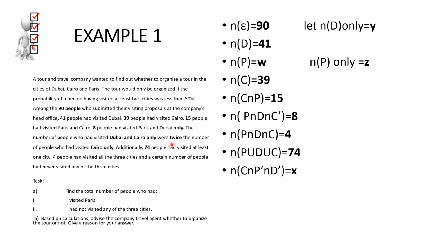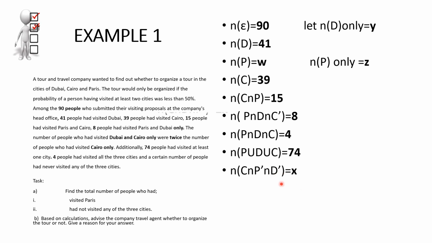Then also this statement that I've told you that whoever would fail this number, the issues would come from this statement. That the number of people who had visited Dubai and Cairo only were twice the number of people who had visited Cairo only. Now it depends on which one you let here. Like me, I said, let the number of those who had visited Cairo only be x.